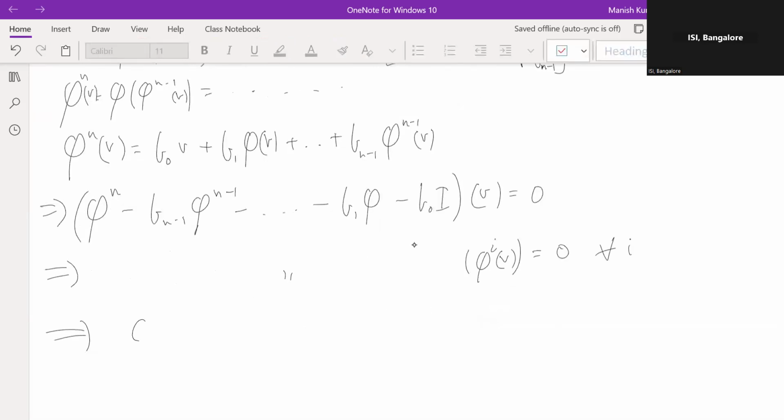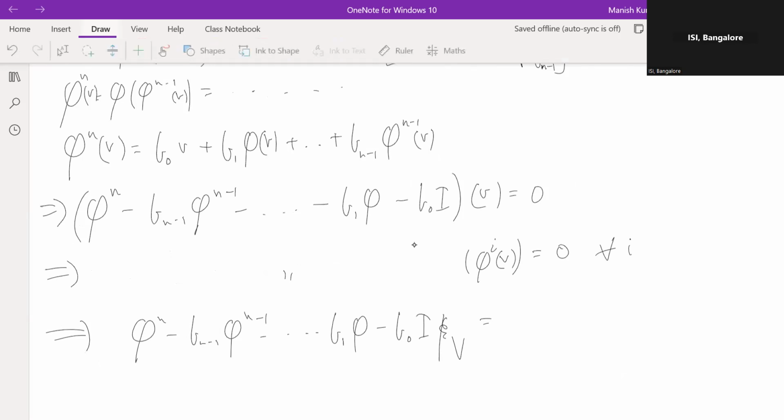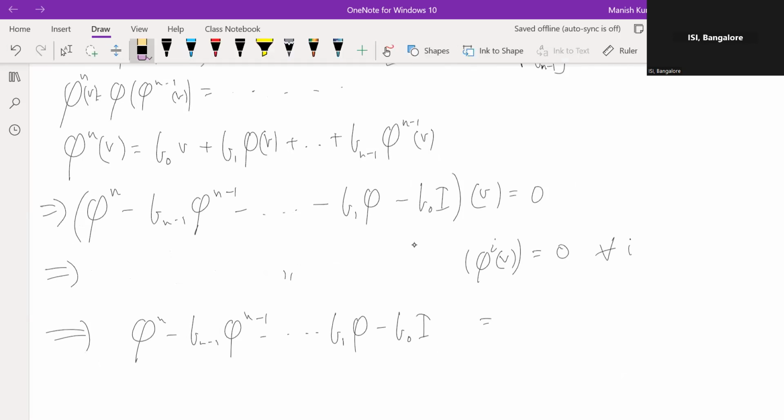So this tells you that phi n minus b n minus 1 phi n minus 1 minus, and so on, minus b1 phi minus b0 I is the zero endomorphism. Not just on v, but it is 0 on the whole space.